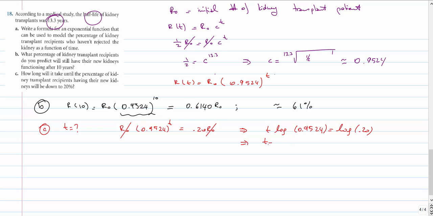So t is equal to log 0.20 over log 0.9524, which will be approximately 33. So it will take about 33 years until the percentage of kidney transplant recipients having their new kidneys will be down to 20%.